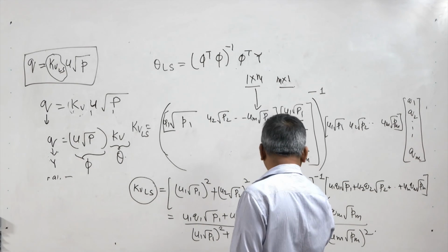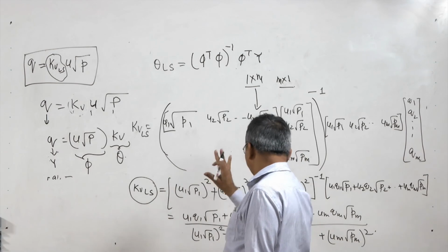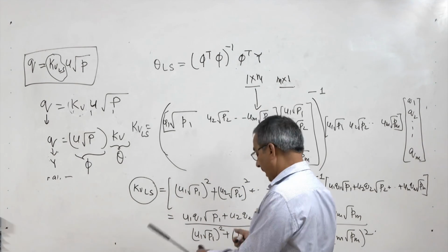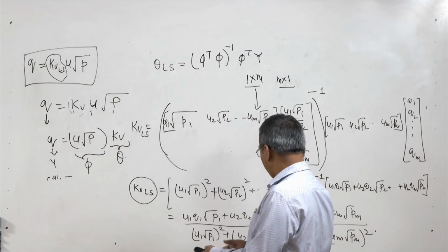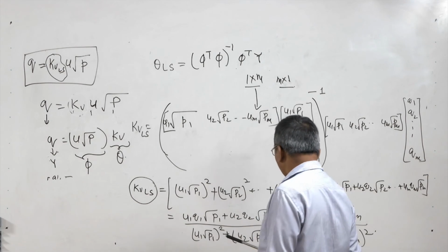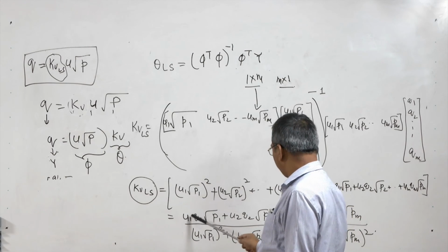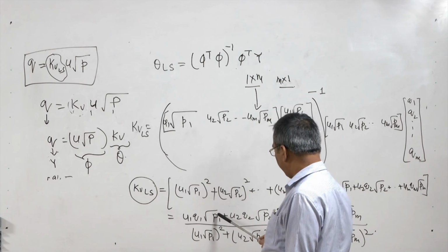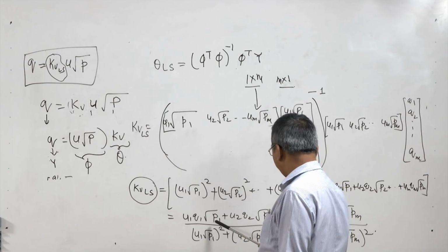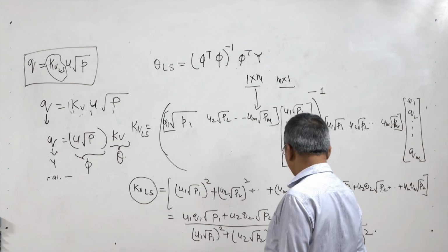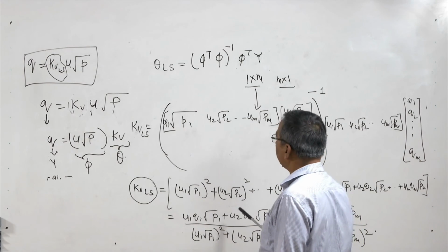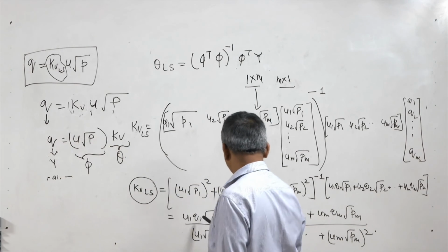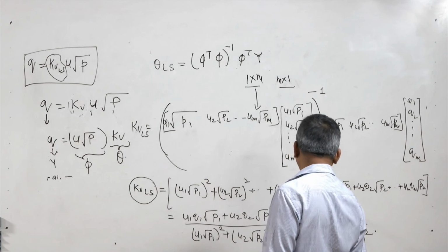Now, you see that for this estimation I need all these values, that is, all the inputs u1, u2, um, I need the pressure drops for all the m cases, p1, p2, pm, and not only this, I need these m set of q values also, q1, q2 and qm.